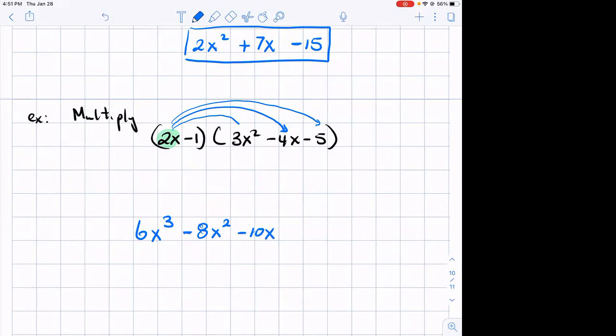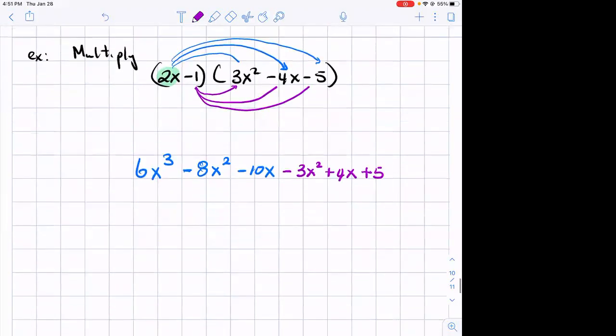So there's nothing else to distribute that 2x to. So now I move to my minus 1. Okay? Minus 1 times 3x squared becomes minus 3x squared. Minus 1 times a minus 4 becomes plus 4x. And minus 1 times minus 5 becomes plus 5.